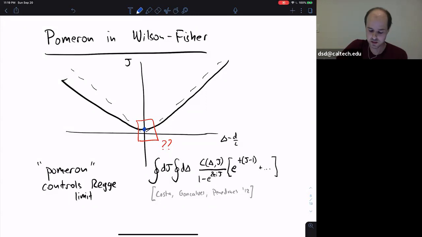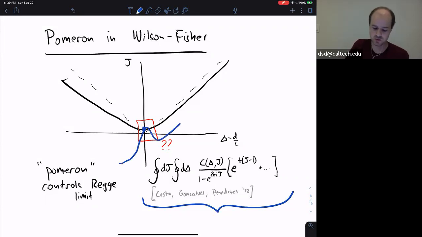You can see why from this formula. This is a formula taken from a paper called Conformal Regge Theory by these people. And the statement is that in the Regge limit, correlators involve an integral over spins and dimensions. And the integration contours are such that this point here, the Pomeron, is the point of maximal spin along the integration contour.